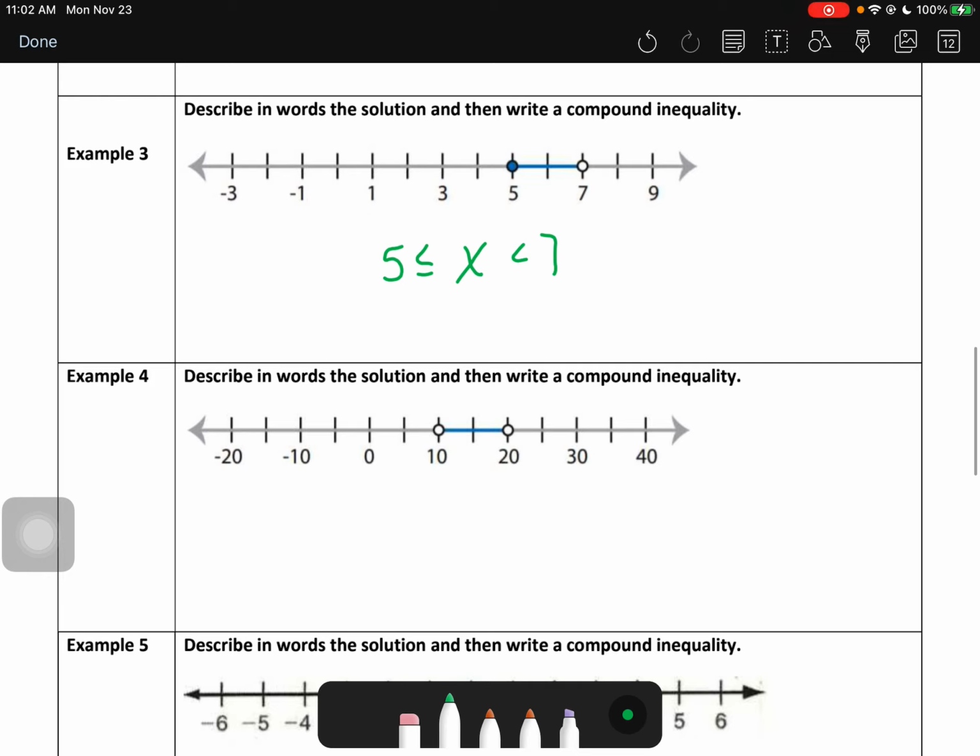So we would say x is greater than or equal to 5 and less than 7.